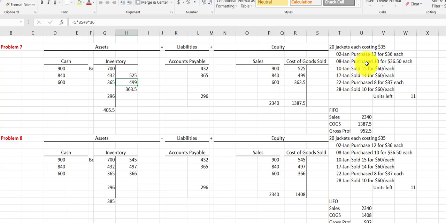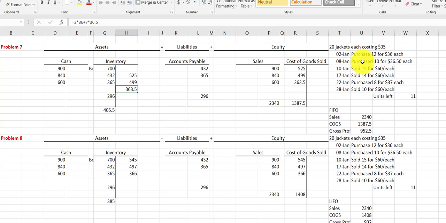All right. We sold 9 of these, so we have 3 left. So when we go to sell more on the 28th, 10, we sell 3 of the $36, right? We come back to the $36, sell the other 3 that we hadn't sold before, and we sell the other 7 from the $36.50.